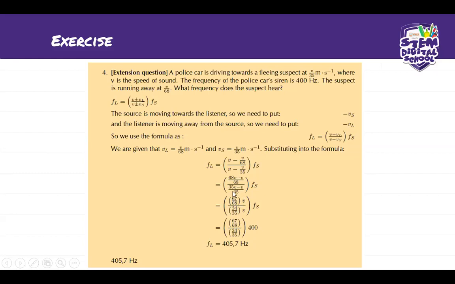This 35 will go up and this 68 will go down. So we're going to have 67 because this one here is going to be 68 minus 1, because they've got the same common element. They both have V. So it's going to be 67 over 68.